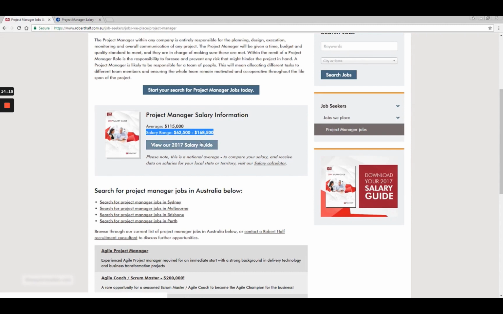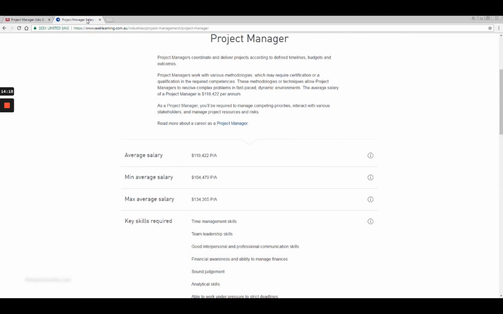Like I said, this doesn't surprise me because if you look at different sources and different articles and if you just Google salary of a project manager, you're going to find very different information from very different sources.